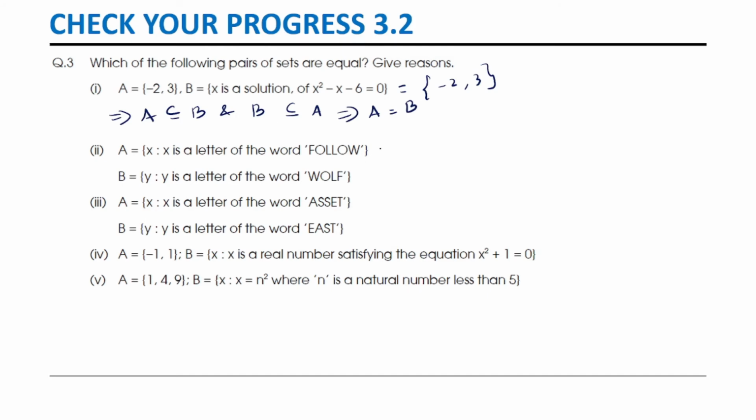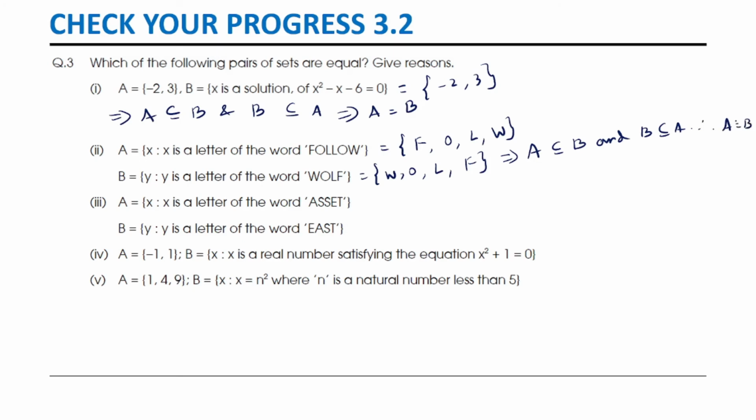So here the set A is F, O, L and W. The set B is W, O, L and F. Here again we can see that every element of A is an element of B and every element of B is an element of A. Therefore, A equal to B.